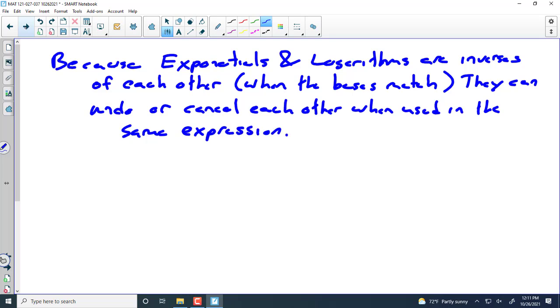And if you don't like that, I'm going to show you exactly what I mean by that. Because exponentials and logarithms are inverses of each other when their bases match, they can undo or cancel each other when they are used in the same expression.